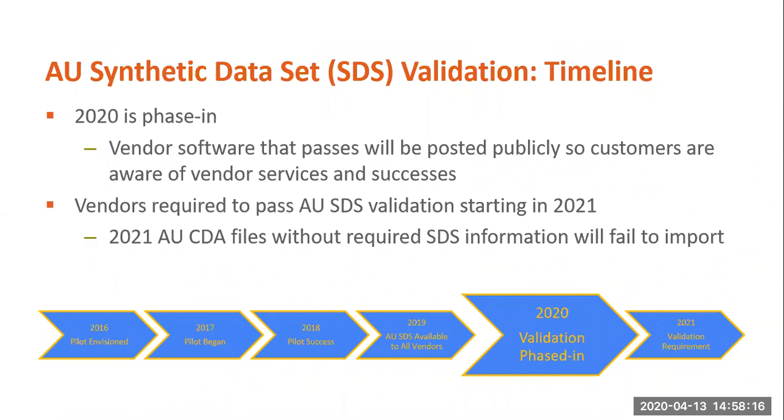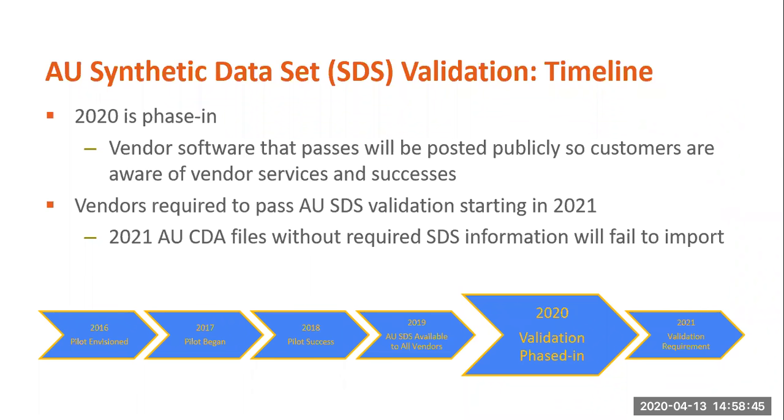We've shared the AU SDS timeline on the last several CDA vendor webinar calls. As you can see, we are in the validation phase-in period with the AU synthetic data set validation requirement just around the corner in 2021. In the first few months of 2020, we've had several vendors pass AU SDS validation. All verified vendors and their software are posted on a public-facing NHSN webpage.